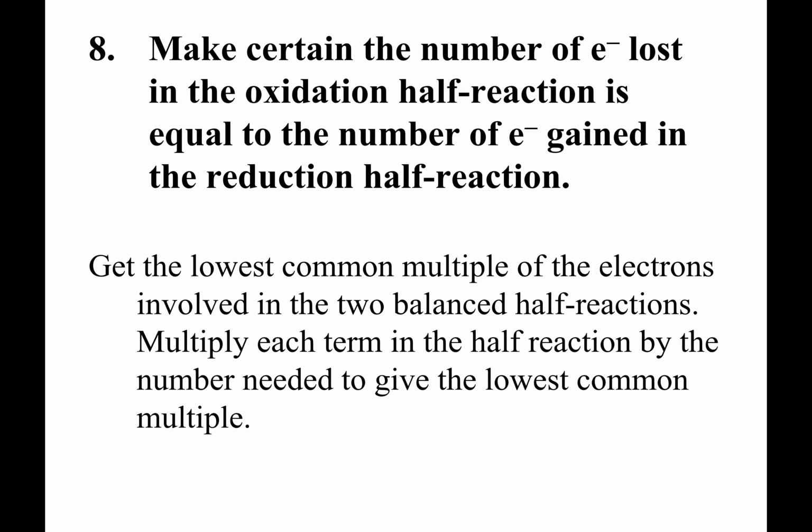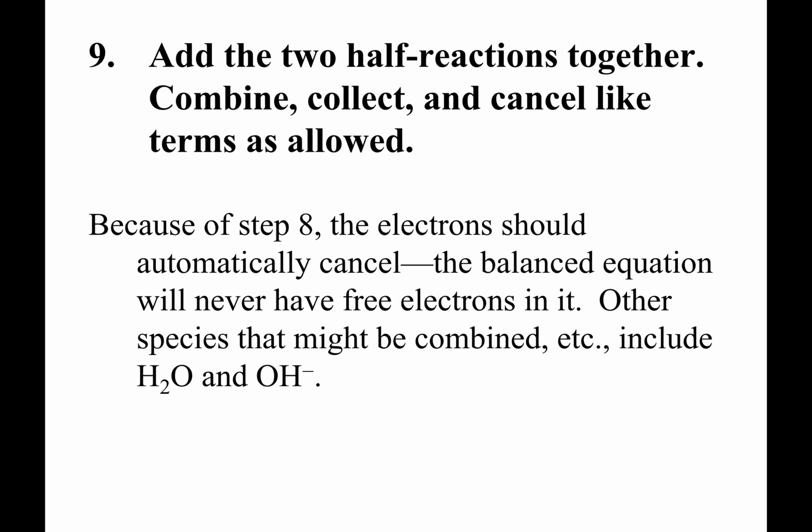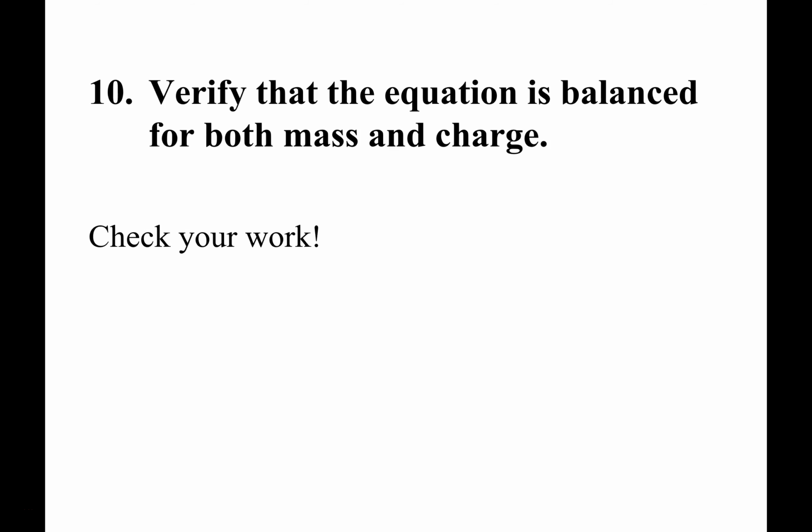So you're going to scale up what you need to, okay? And then you're ready to add them. That's my Hail Mary step. Hail Mary to me is like if you're using Hess's law, manipulating equations, you're like, I hope it makes the reaction of interest. So of course your electrons will go away, and you should be left only with the hydroxide ions, of course no H pluses, and verify your work.